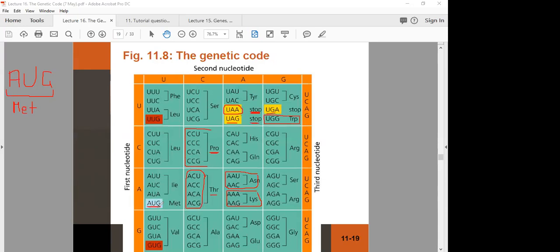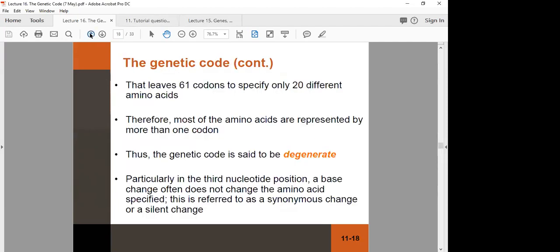AUG is referred to as a start codon, and it encodes the first amino acid that will be incorporated into the new polypeptide chain, and that amino acid is methionine. So that's basically how you read the genetic code. And I'll show you how this works in just a few minutes. But first, let's go back to the previous slide. Sorry, back to the slide before.